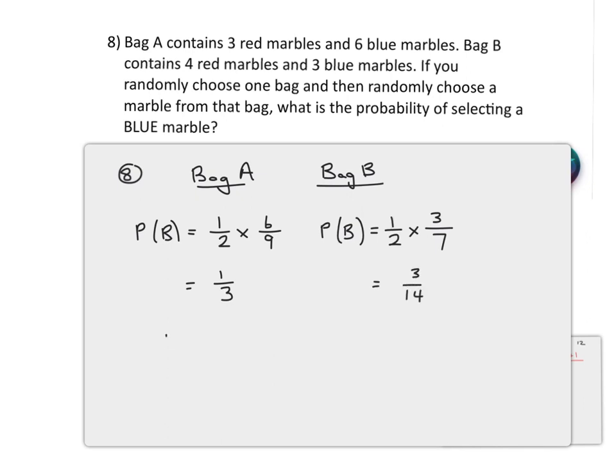So basically the probability of blue from either bag is going to be 1/3 plus 3/14. And if you don't like fractions, just treat it as decimals and add them like that. And the answer is 0.5476 actually, which therefore is 54.8%.